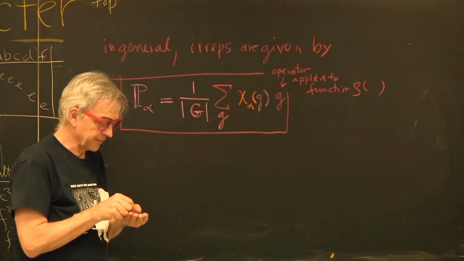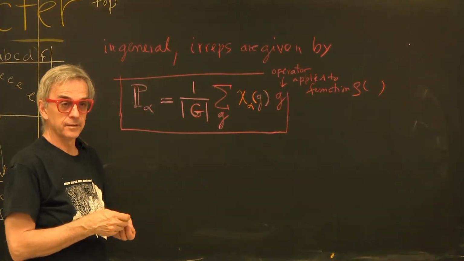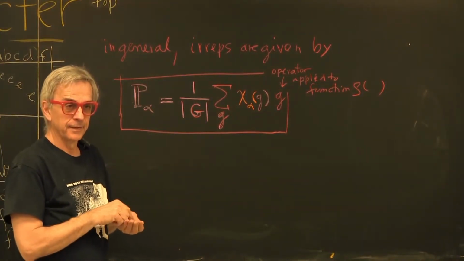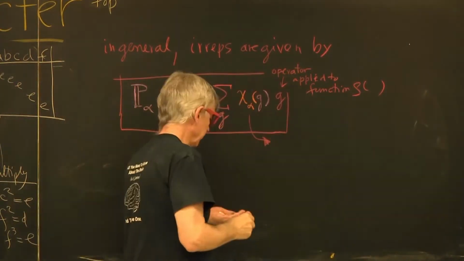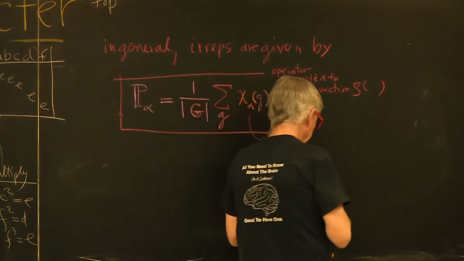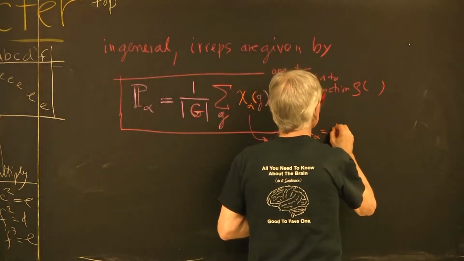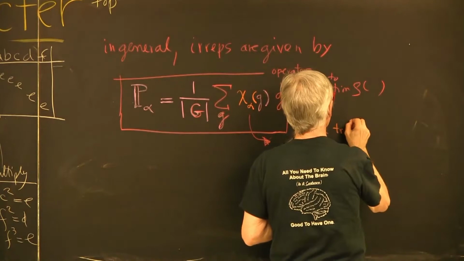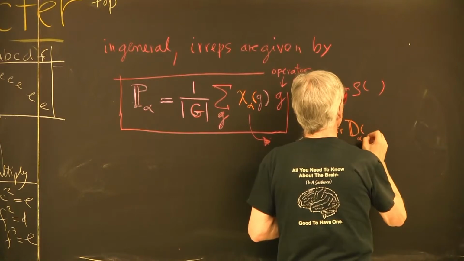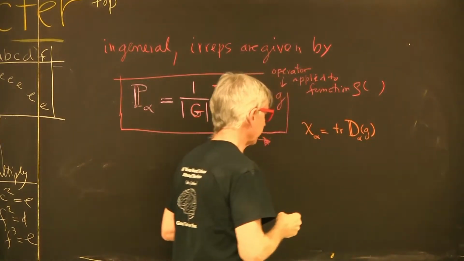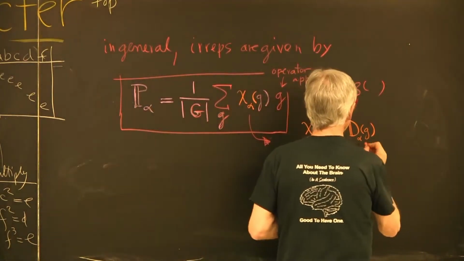Now, over a century, people have developed very pretty rules for how to compute characters, so you actually do it mostly by thinking. And it's very cute. In this higher dimensional setting, a character is a trace of the irreducible representation of G. That sounds like something difficult to compute, but the way you actually compute characters, you use very simple sum rules.